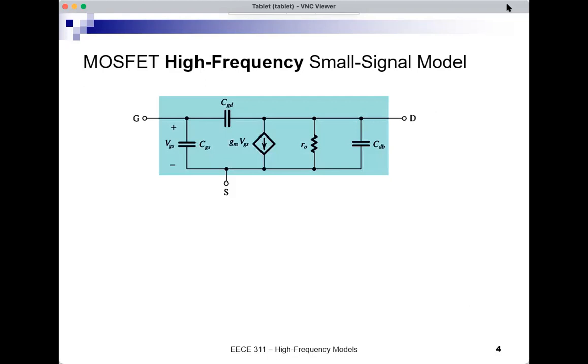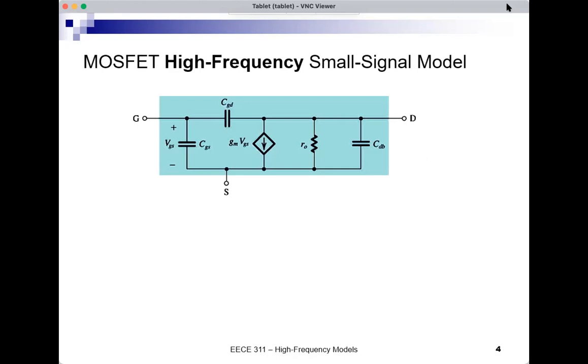So inside the device, due to the way it's fabricated, there are 3 capacitors there. They're very, very tiny capacitors. And at DC, we can remove them, and their impedance is very, very large. So we never worry about them when we have low frequencies.